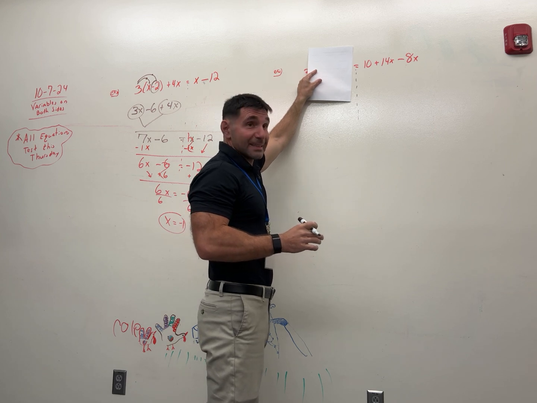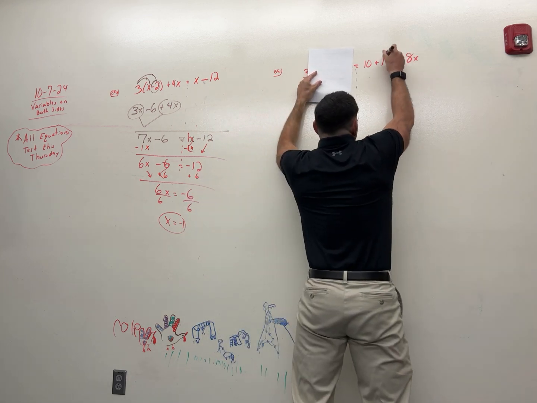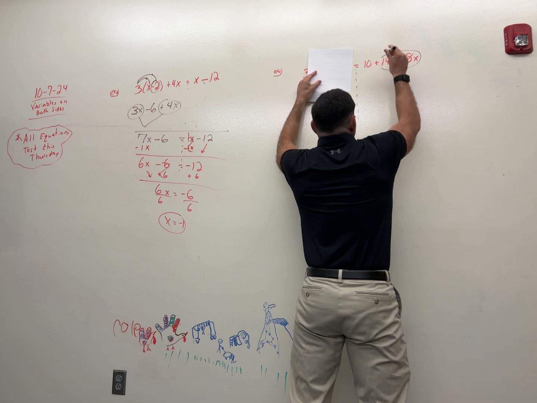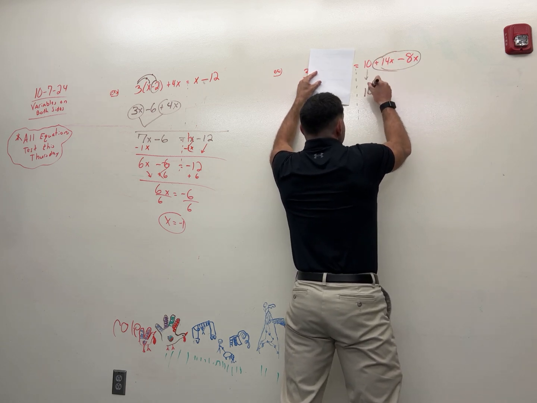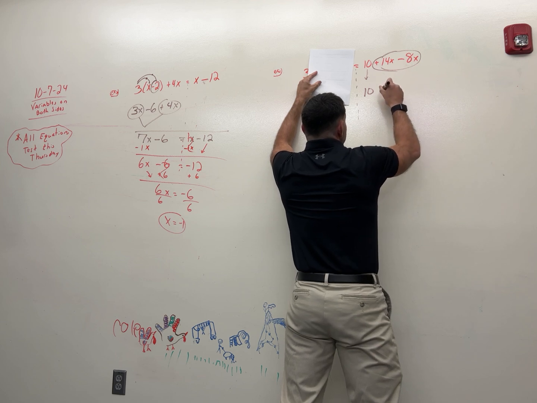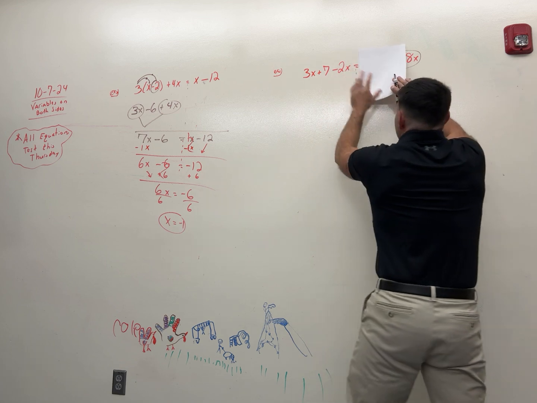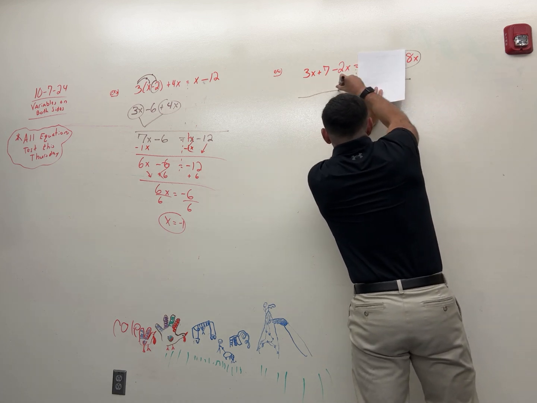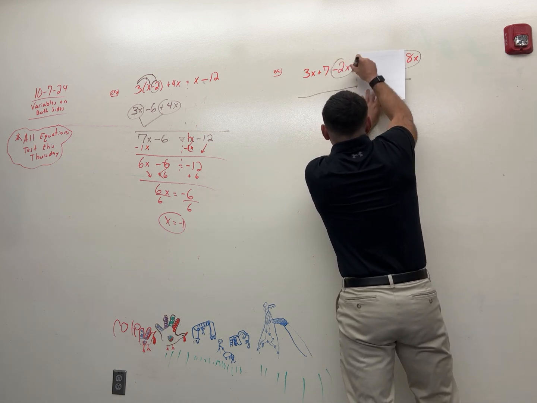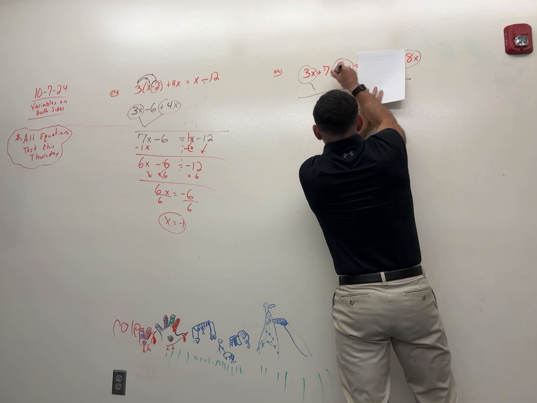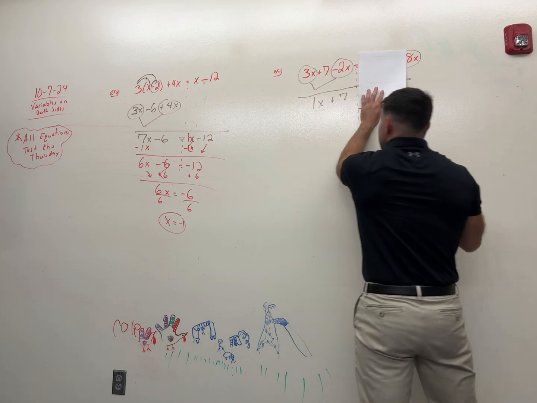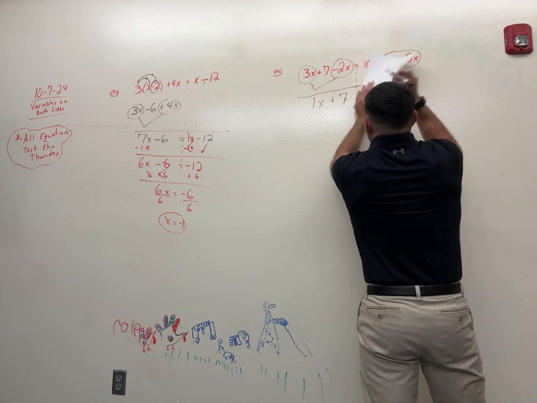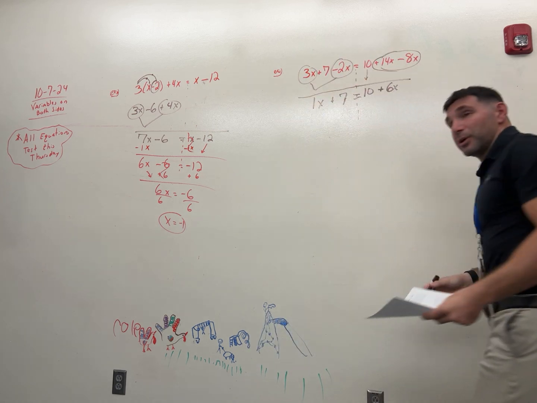On this right side, I can combine the positive 14x and then minus 8x, which is positive 6x. Then I cover up here. I've got negative 2x and 3x. That gives me 1x plus 7. I have to do it on both sides.